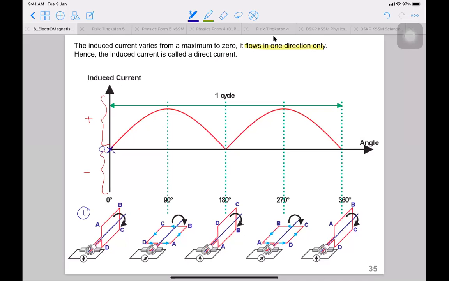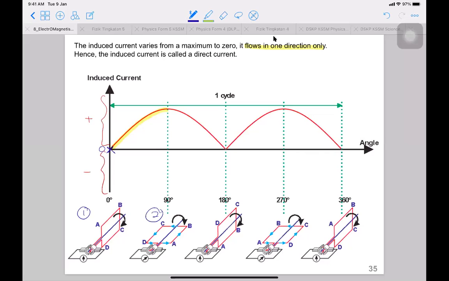And then as it rotates, the value of the induced current will increase until its maximum value. At what position will the induced current be maximum? It will be when it is in a horizontal position like this, number 2, 90 degrees.